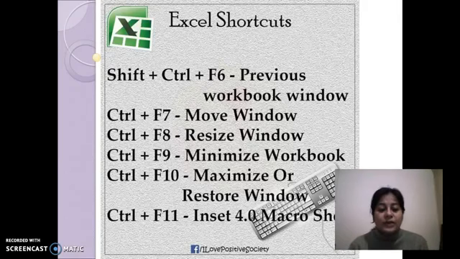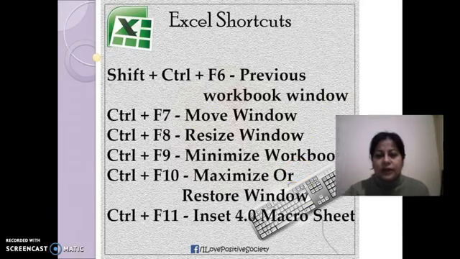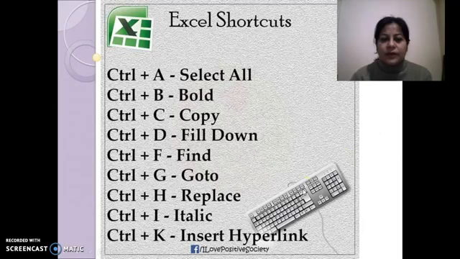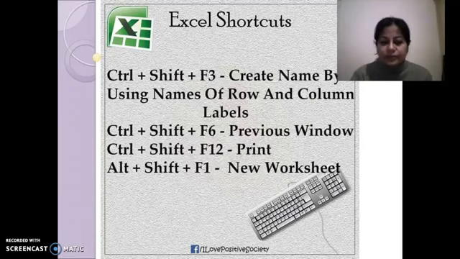Control plus F11 is used if you are using macros in the sheet, to activate that. Then Control plus A is for select all, Control plus B is for bold, Control C is for copy, D is for fill down, F is for find, G is for go to, H is for replace, I is for italic, and K is for hyperlink.